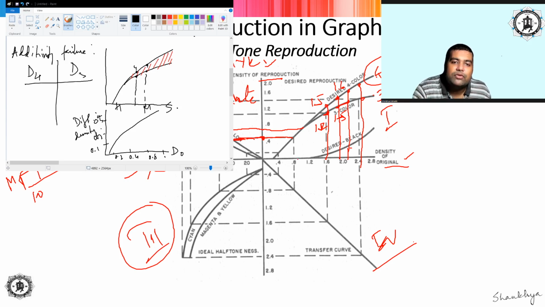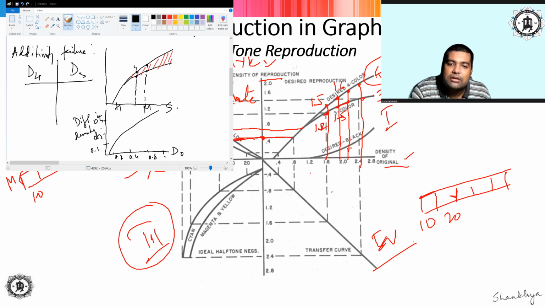That means we have to print a sheet of paper with areas of 10 black dot percentage, 20 black dot percentage, ultimately 100 dot percentage, and we have to plot this dot percentage data versus the black density data that is wanted over here, right?